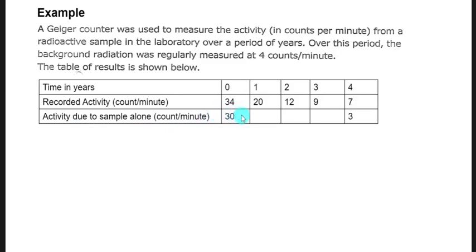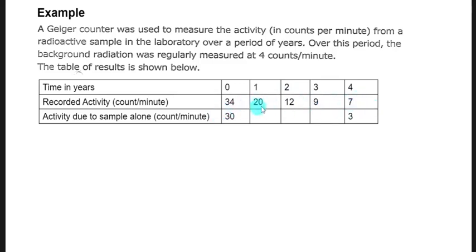So the point they are making, guys, is this. They are saying over this period, the background radiation was regularly measured at 4 counts per minute. It means in these values there was also background radiation, which is radiation that does not come from a radioactive source.